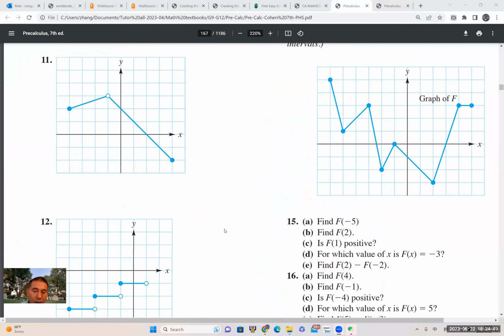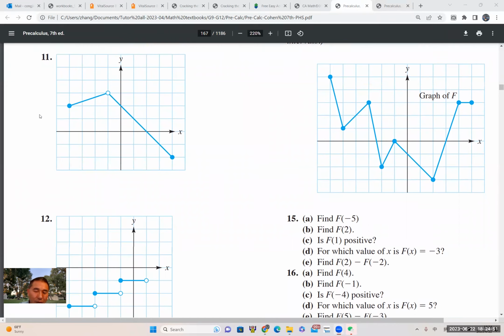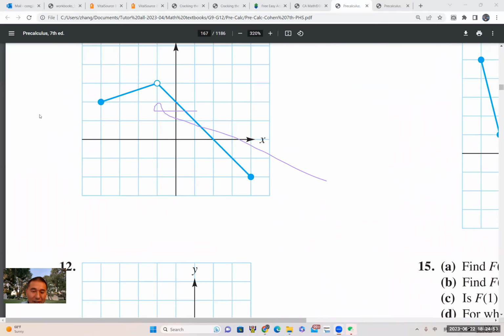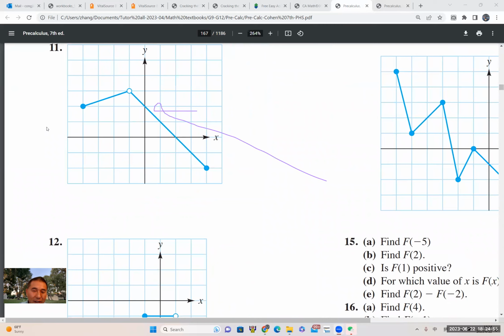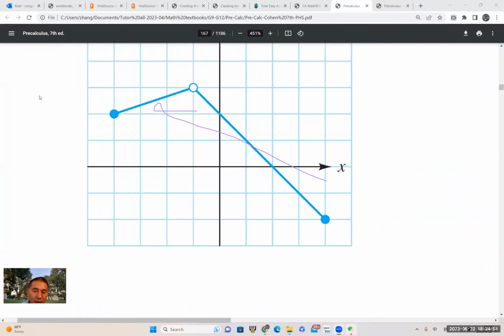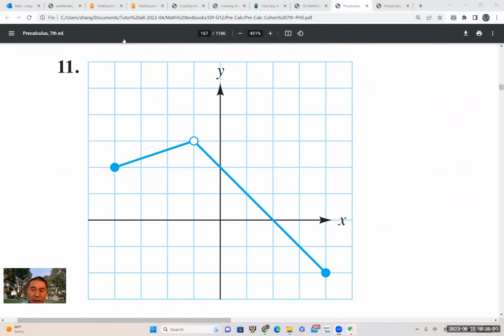The domain would be... I'll try to put it in the middle. Good. It can be -4 to 4. Again, you guys can write on screen.